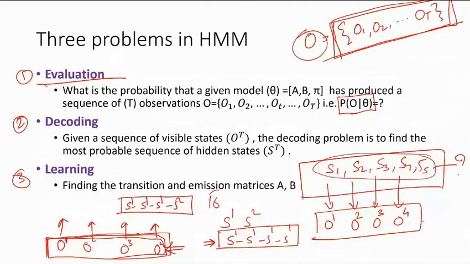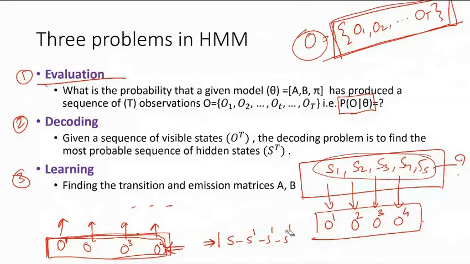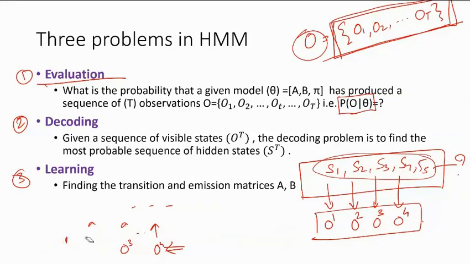So you can have 16 possible combinations with just these two states. Now if I add one more state, then you can imagine, this will grow exponentially as states increase. So the decoding problem is to find out the most likely sequence of hidden states when I observe something. That is called decoding.